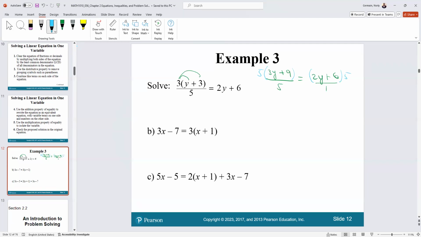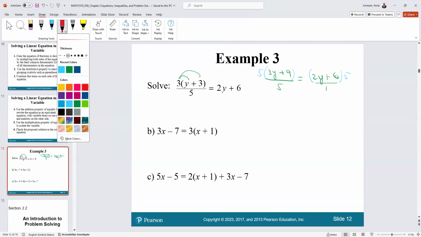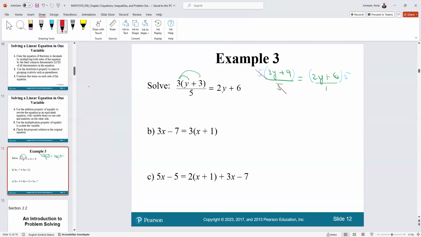So when you multiply both sides by 5, the first thing you're going to see, these two 5s can be simplified because we have a product of two factors. 5 is a factor, 3y plus 9 is another factor. You can only simplify when you have factors, right?